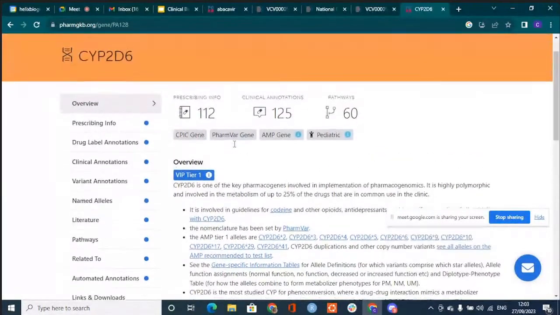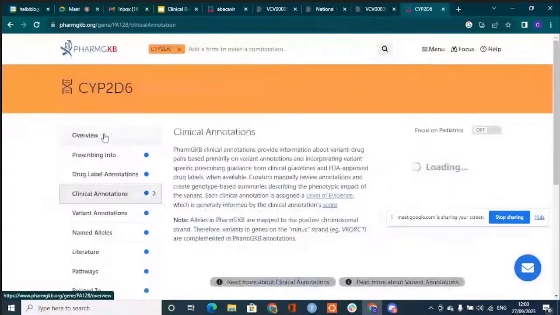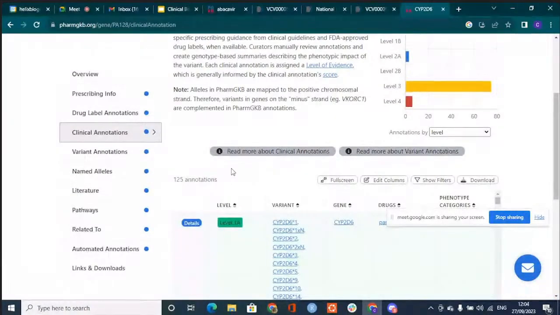So what I can do is check the clinical annotations about this gene, the CYP2 disease. And again, the CYP2 disease I'm showing here, I'm not specifying a particular variant. There are different variants of CYP2 disease based on the genetic makeup.